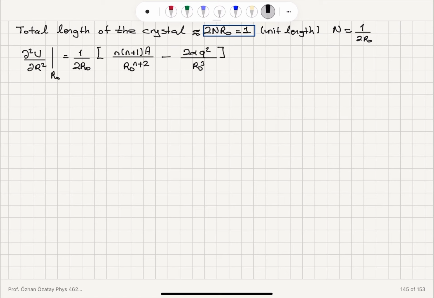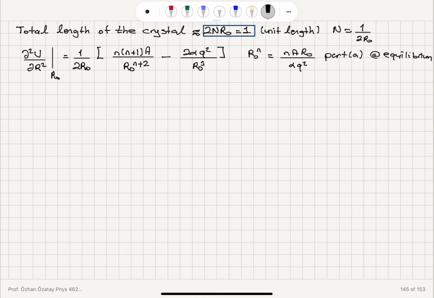Now from part A, I know that r0 to the power n is equal to n a r0 divided by alpha q square. This is part A at equilibrium. We have found this relationship for r0 to the power n.